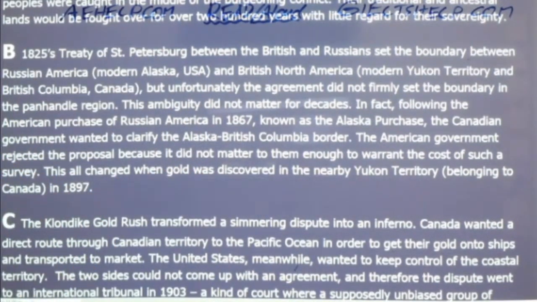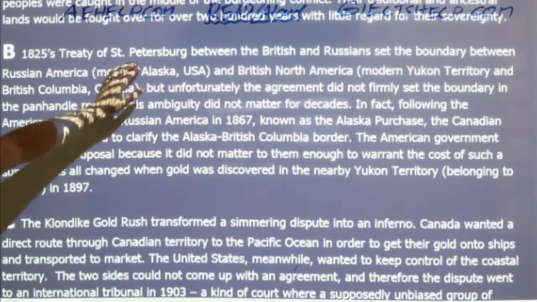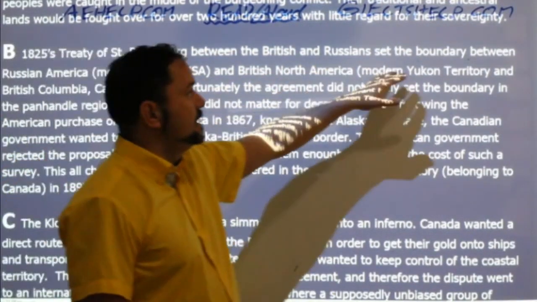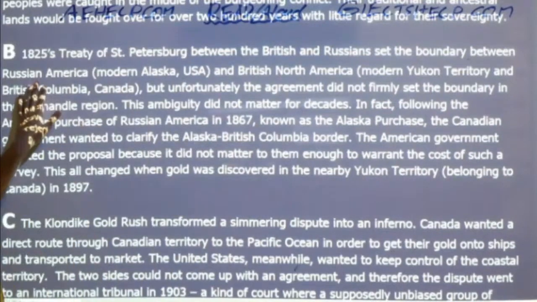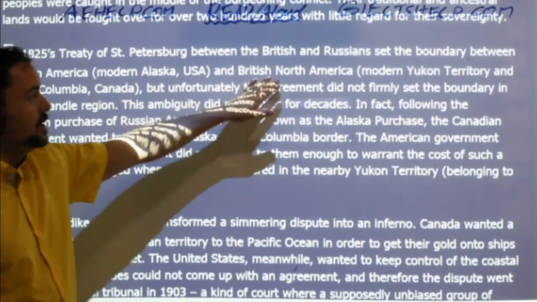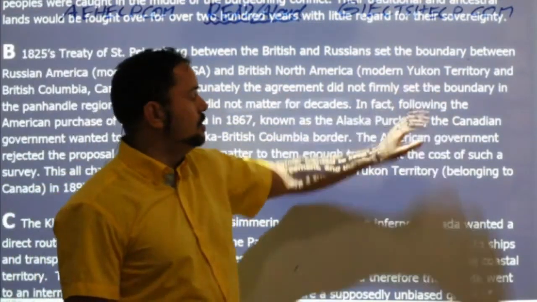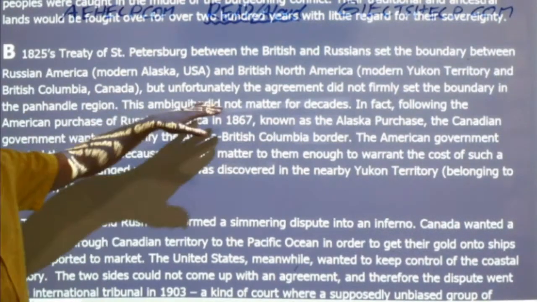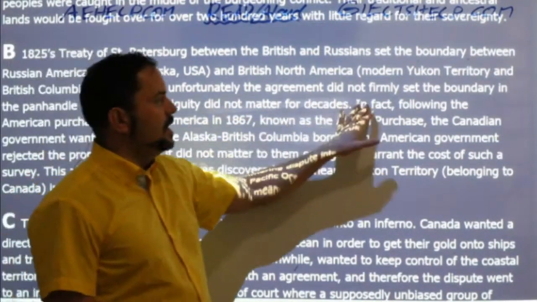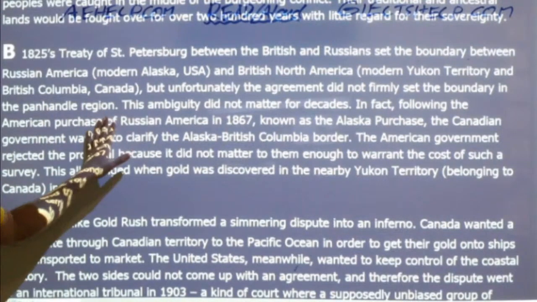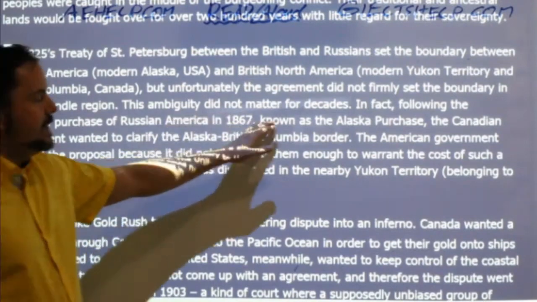All right. So next one. Read with me. 1825's Treaty of St. Petersburg between the British and Russians set the boundary between Russian America, modern Alaska, USA, and British North America, modern Yukon Territory, and British Columbia, Canada. But unfortunately, the agreement did not firmly set the boundary in the Panhandle region. This ambiguity did not matter for decades.